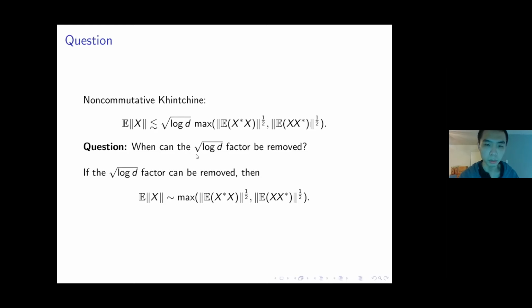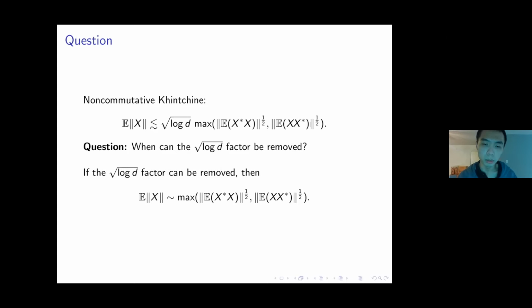So if we can remove the square root log D factor, then asymptotically the bulk will have compact support. Not only the bulk, the edge will also be finite. But of course, this cannot always be removed because, for the diagonal Gaussian, the square root log D factor is sharp, so we cannot remove it.